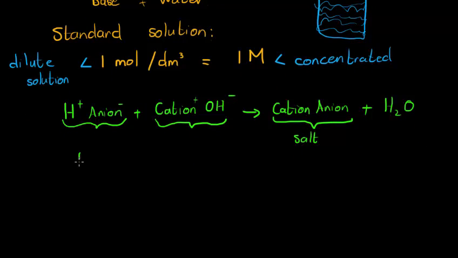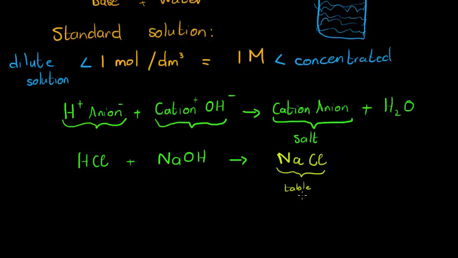For example, I can have hydrochloric acid plus sodium hydroxide, and that will produce, what's my cation? Sodium, Na, and my anion, chlorine: sodium chloride, which is normal table salt, plus water. Make sense?